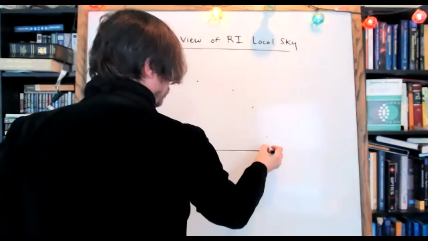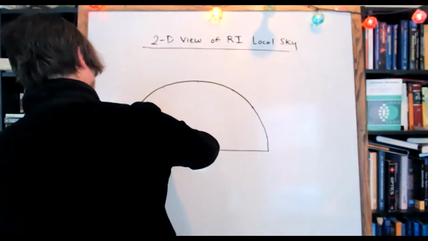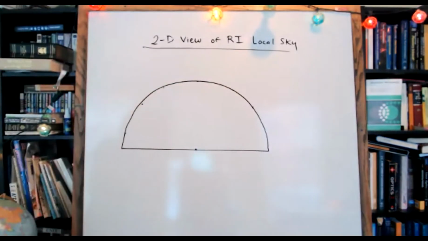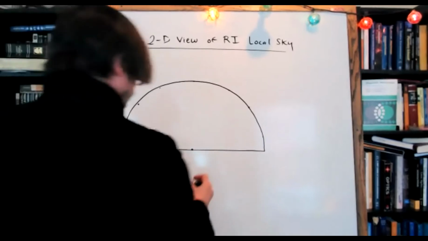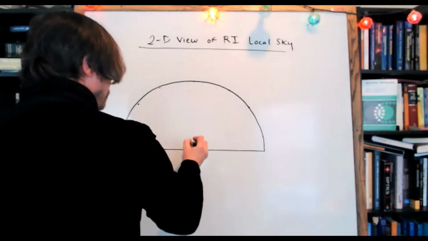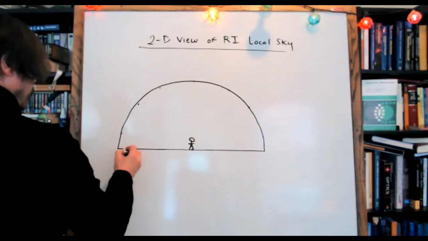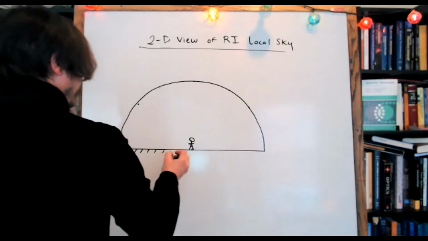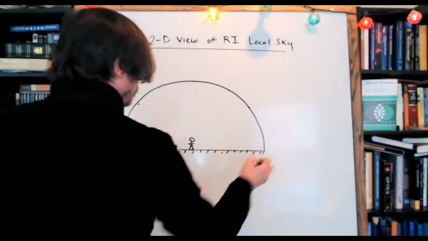And then what we're going to do is just connect the dots, la la la la la, just like Pee Wee Herman, and make ourselves a beautiful two-dimensional view of the local sky. All right. Put an observer at the center of the field. And you can even shade the ground in, even though this is a 2D picture. That's going to be the grass or the ground.